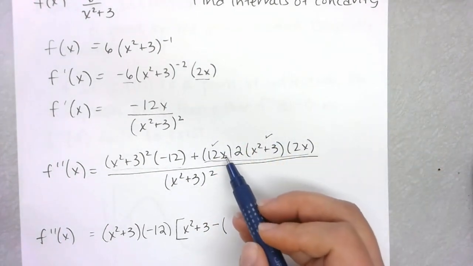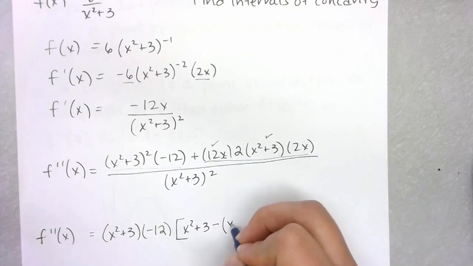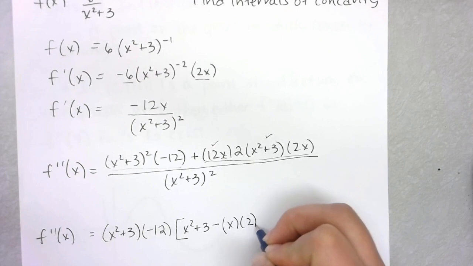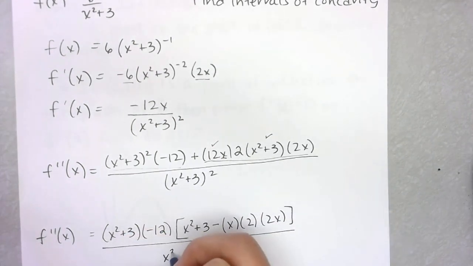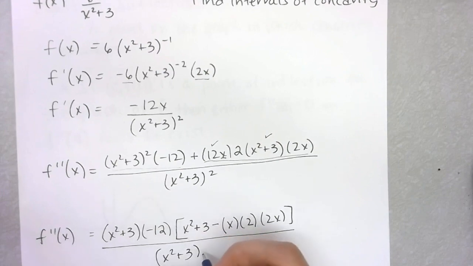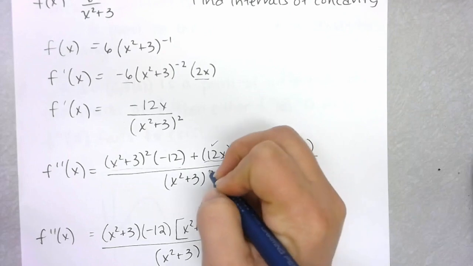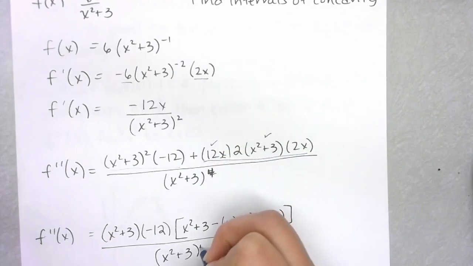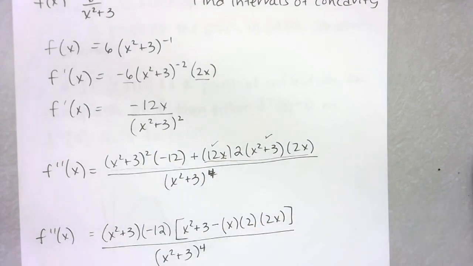So I basically need this x times this 2 times this 2x, all over x squared plus 3 quantity. Oops, I didn't raise it to the fourth. Did I? Ooh. So this is to the fourth power. Sorry about that, because I forgot to square the denominator again.